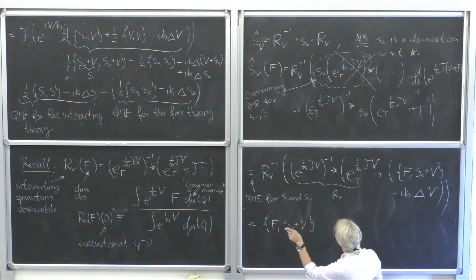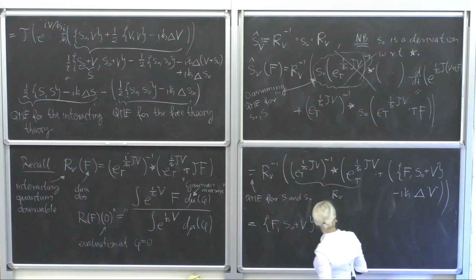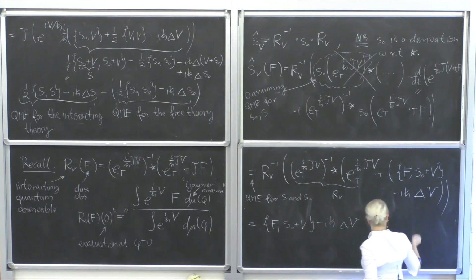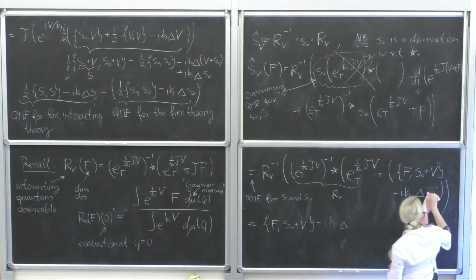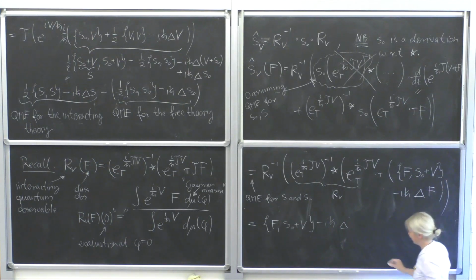Which way am I doing this? Okay, well, it probably doesn't matter, modulo signs. Minus IH bar delta. Oops, not V. Sorry. I want a coffee. That's why I want a coffee.